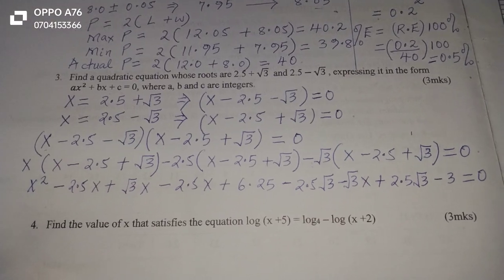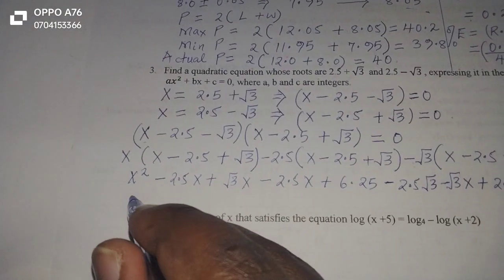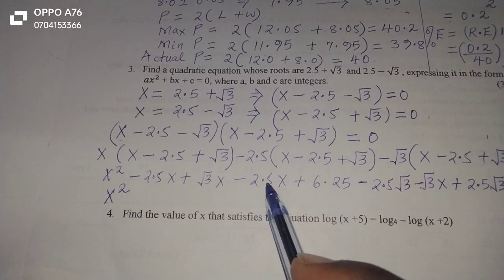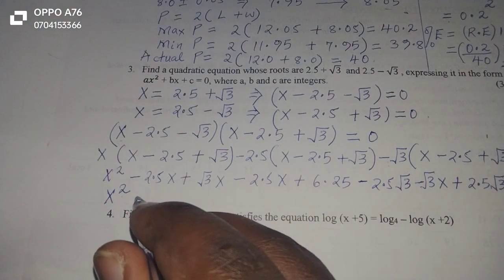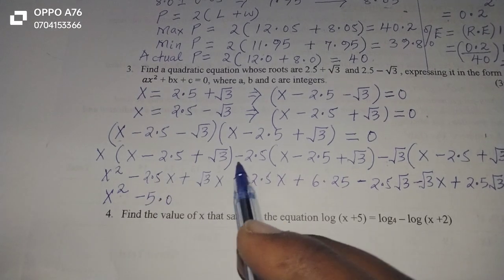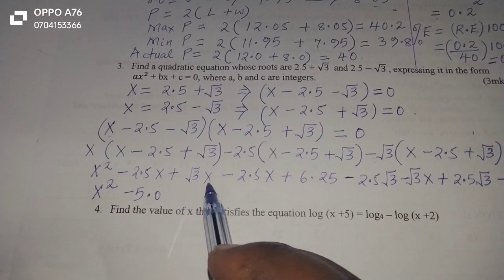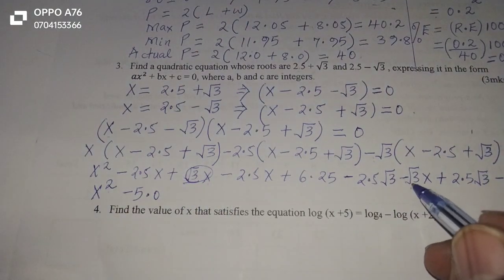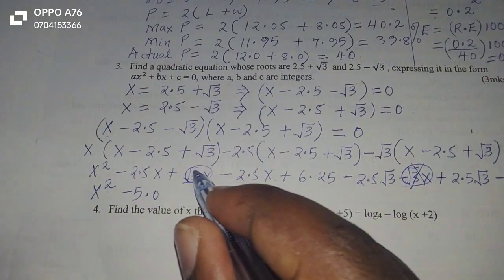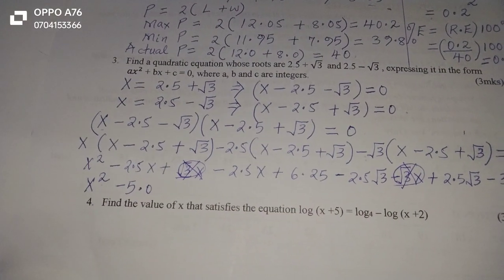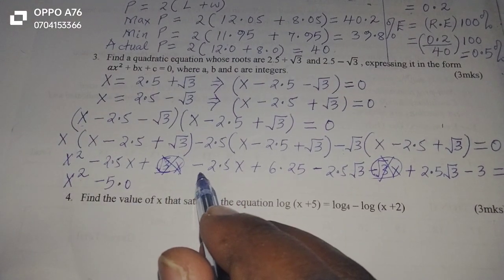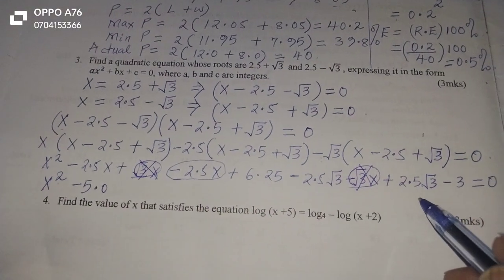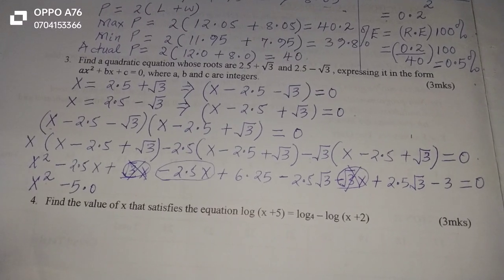Then now we can group like terms together, whereby we shall just start with x squared because it's only 1. Then now we have a 2.5x and 2.5x, both negative, and that will give us a negative 5x, of course. Then there is a root 3x and root 3x at this point, which will cancel out one another because they bear opposite signs.